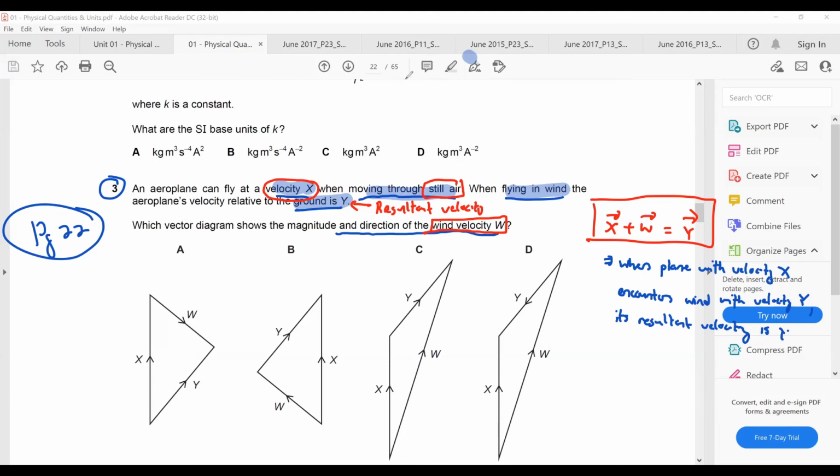Oh, sorry, wind velocity w, right? Sorry, my typo error here.